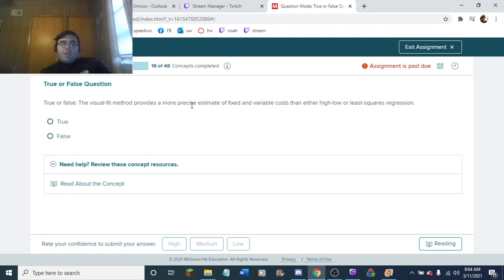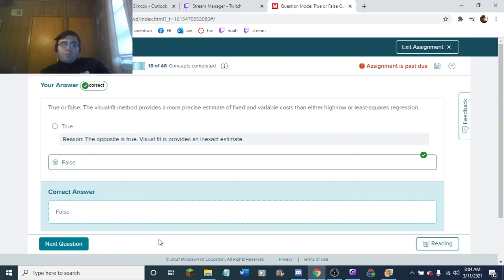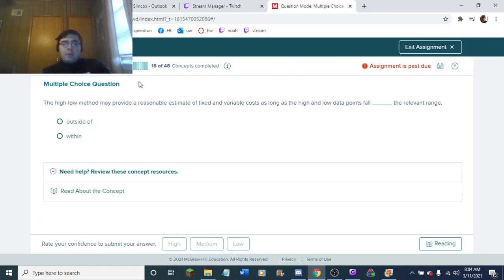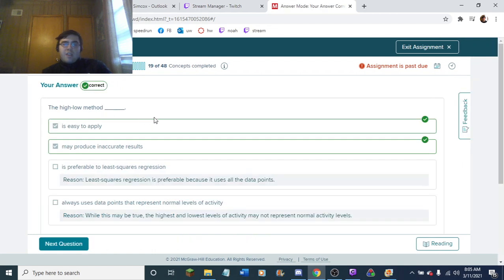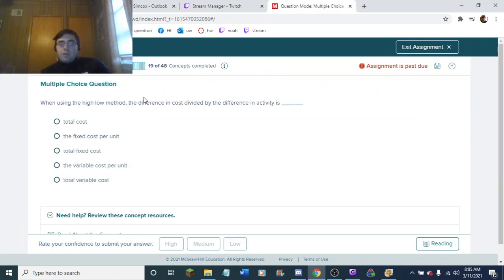Visual fit method provides... nope. High-low method. I don't know. I feel like this is easy. Maybe? Just guessing here. So it's easy, but it may produce inaccurate results. Nice job.